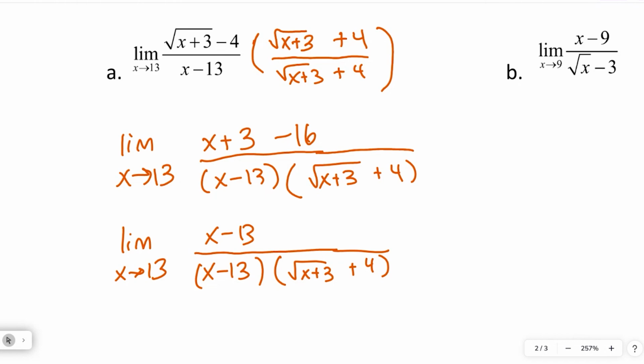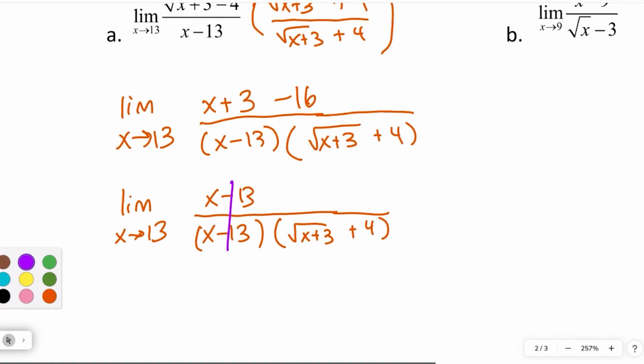That's what's causing the hole, by the way, is the fact that you have that same factor on top and bottom. The 13 is making both the numerator and the denominator 0. So if we remove the hole, remove the removable discontinuity, that's why it's called that, by the way, that just becomes 1.